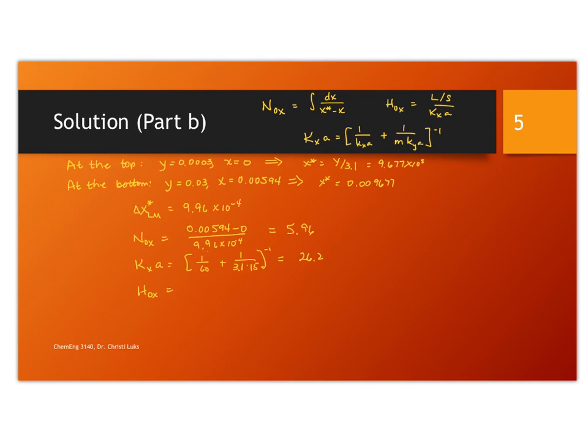HOX, therefore, is 100 over 26.2, 3.817 feet. ZT, therefore, is 5.96 times 3.817 feet, which is 22.7 feet. So I get the same answer both ways.